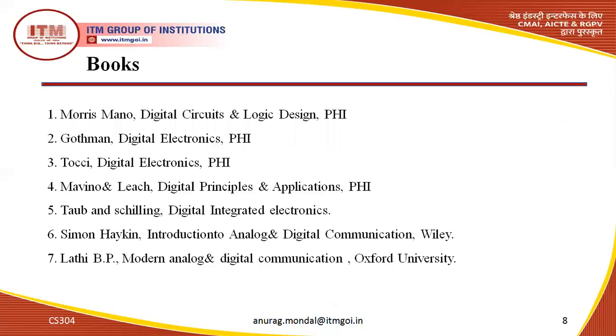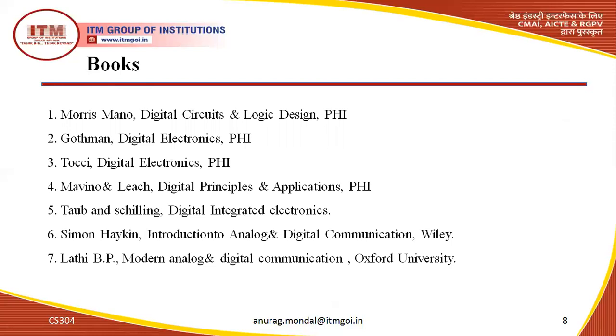And at the end, we move towards the reference books. These are the 7 reference books. I'm going to introduce each and every book whenever it is needed, and I'm going to tell you from which particular book we are going to cover the particular topic of the unit.